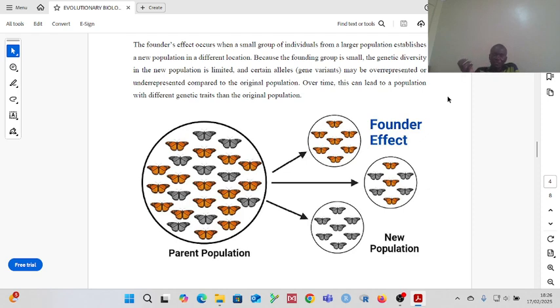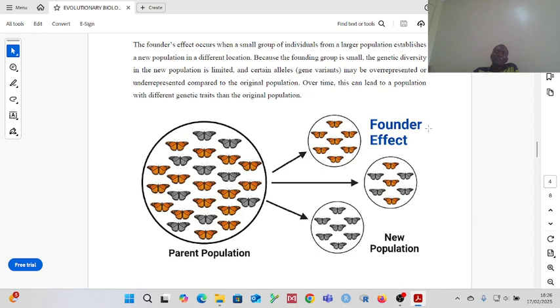Because the small population has less genetic diversity, the only expectation is that the populations that will continue to come from these founding populations will still have a smaller genetic diversity compared to the parent population. So founder's effect, in a way, leads to a decrease in genetic diversity of the new population compared to the founding population.